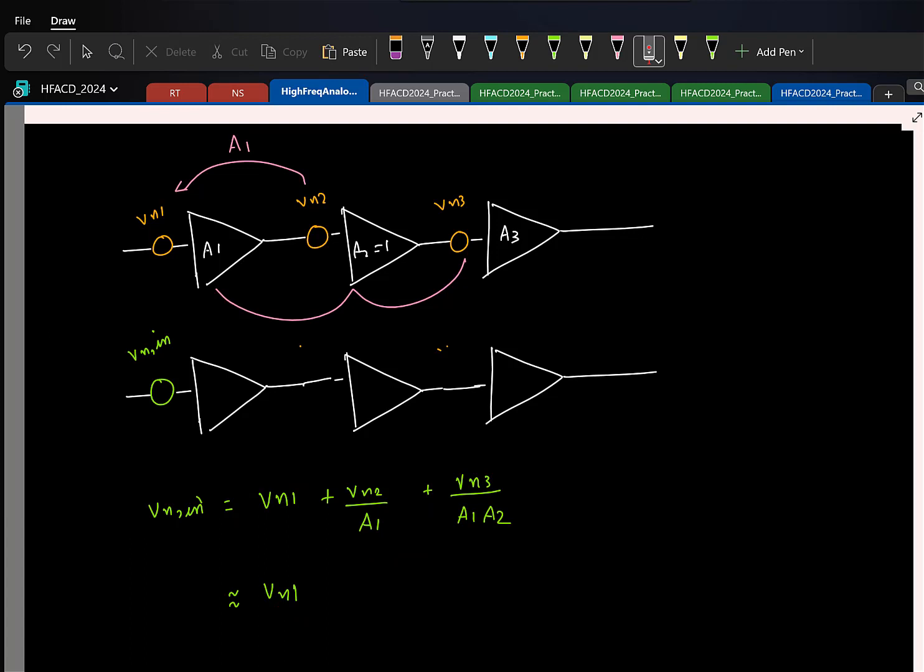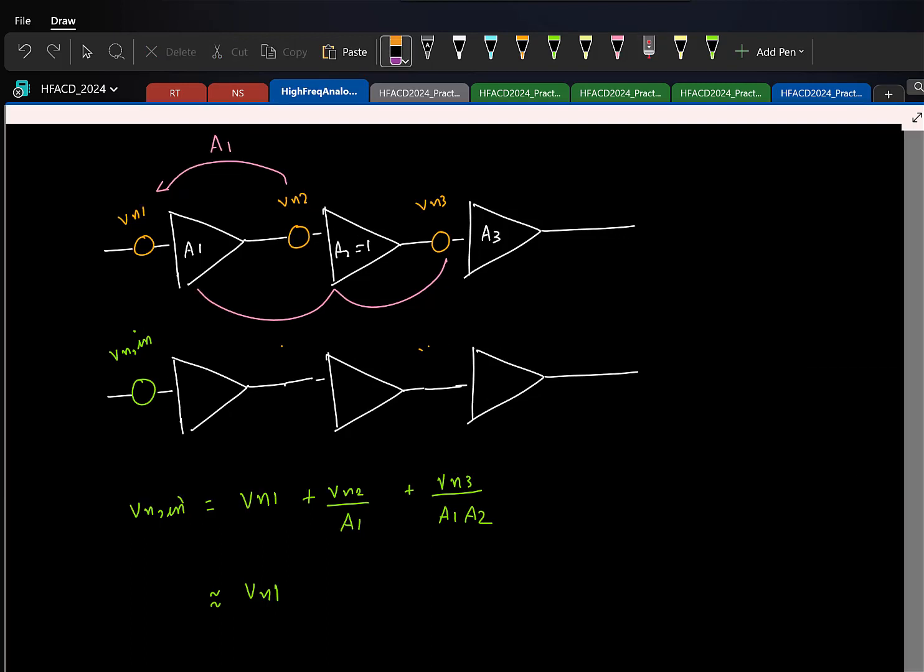So the same goes for offset also, right? Even if you try to find the offset, you know that I can model the offset of a differential amplifier using an input referred offset voltage. Let us say VOS1, this will be VOS2, and so on. So the same framework we have for noise will hold good for offset also.